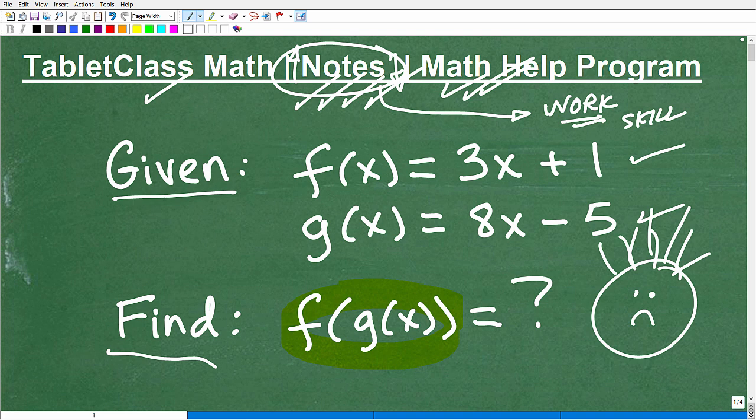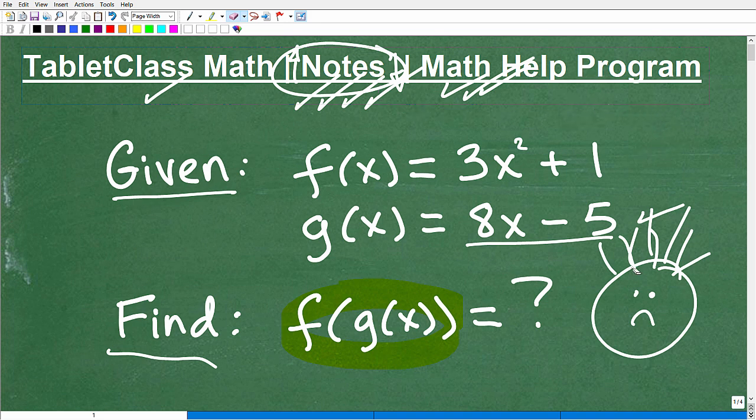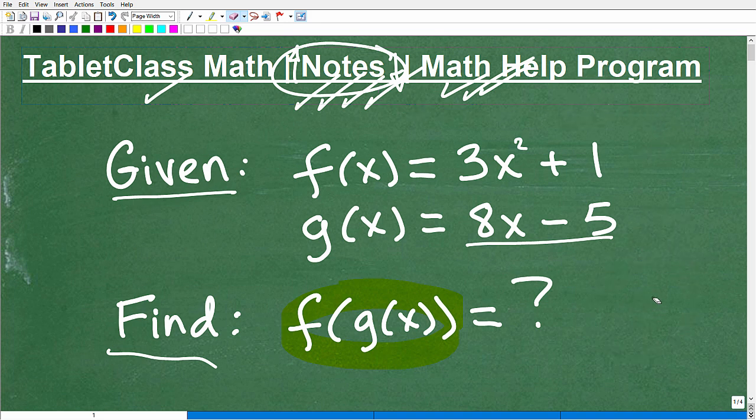There's a reason why they want you to do easy problems before they give you more advanced problems, because the easy problems practice the concept, and then we can get into more difficult scenarios. I can throw in square roots and all kinds of other crazy stuff and rational expressions. I can make your life more challenging. I can make this more interesting. That's not a problem. But what I really want you to do is understand what's going on in the first place.